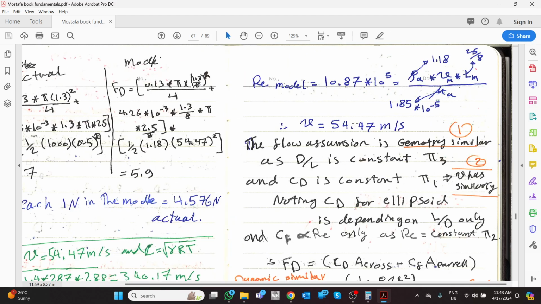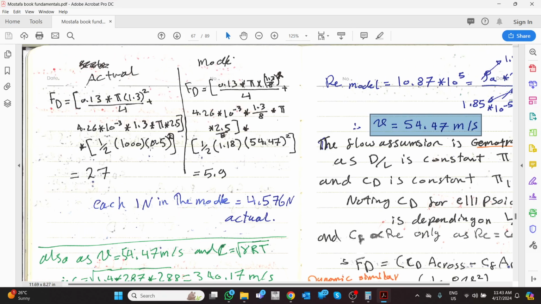Now I can calculate that each half meter per second in water will represent 54.47 meter per second for air, and each 1 Newton of the actual force in the water will represent 4.57 Newton in the model.